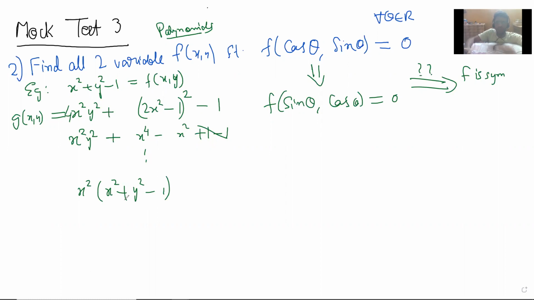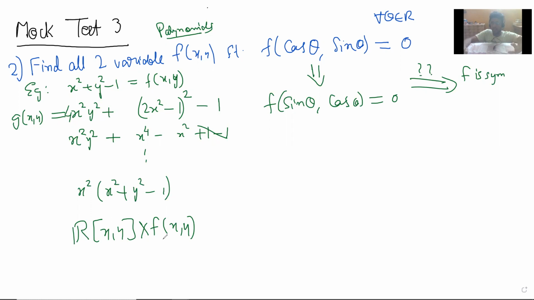So you see, the most obvious examples were the set of all real polynomials times this f which we wrote in the beginning, the canonical f, the most natural f. These all are examples.